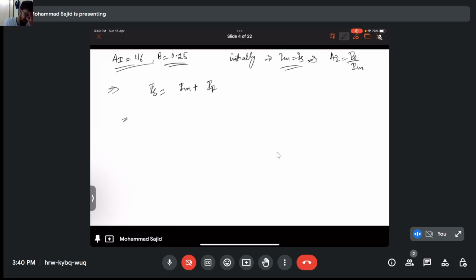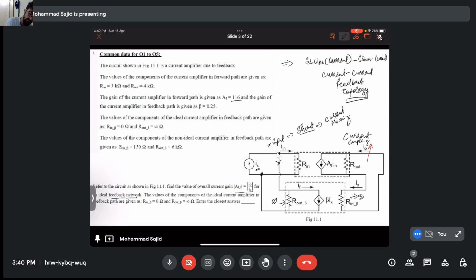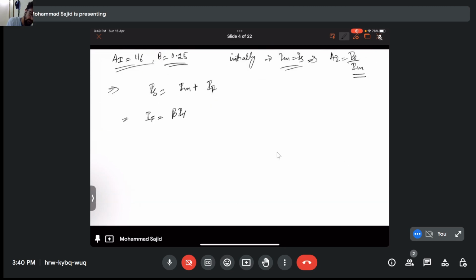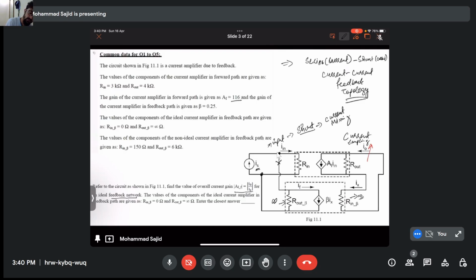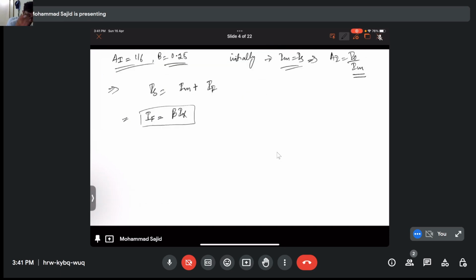So your gain will no longer be I naught by Is, right? Your If is given to us as beta times Ix, right? Now, since Rin is equivalent to 0, my Ix will simply be equivalent to I naught. So my Is will be In plus beta times Ix, that is In plus beta times I naught.